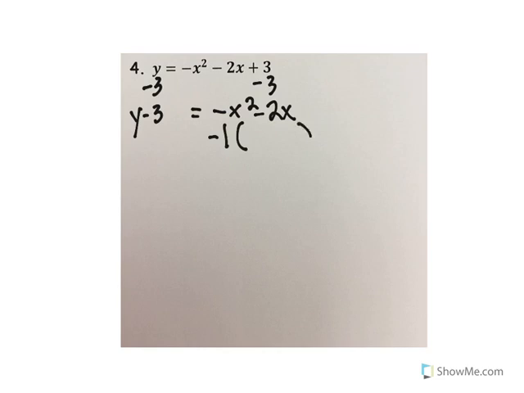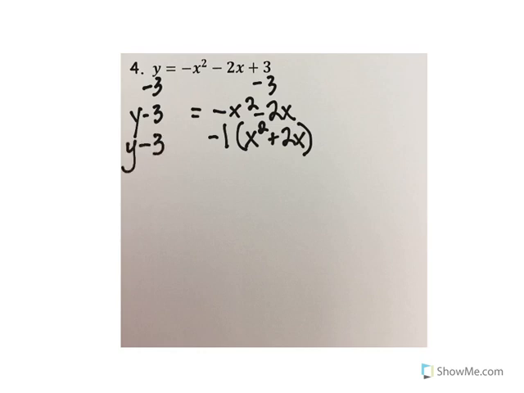And what would be left in parentheses if I factored out a negative 1? Try again. If I factor out a negative 1, I get a positive x squared. If I factor out a negative 1 from negative 2x, what do I get? Positive 2x.